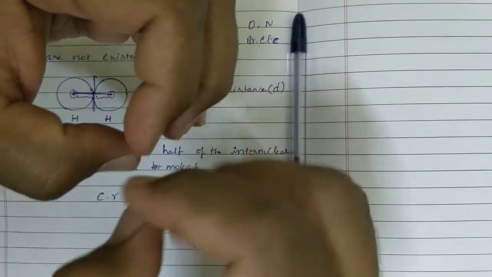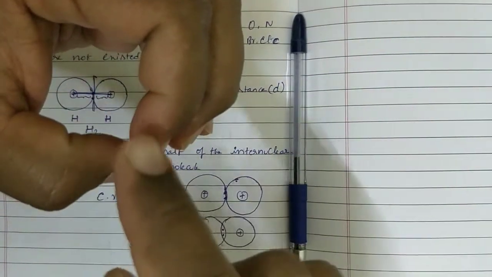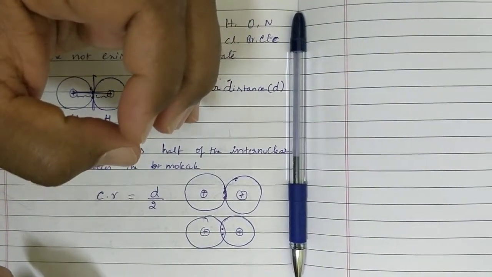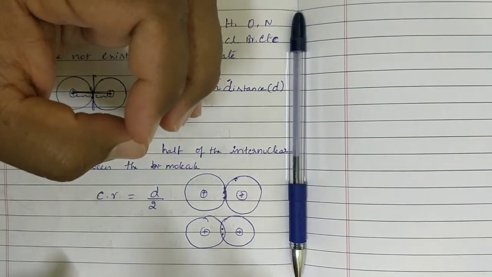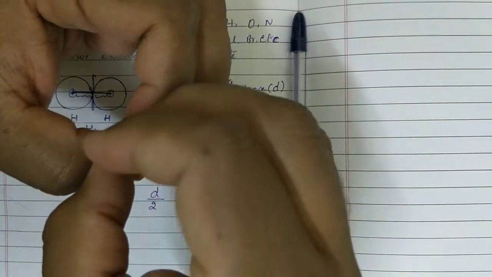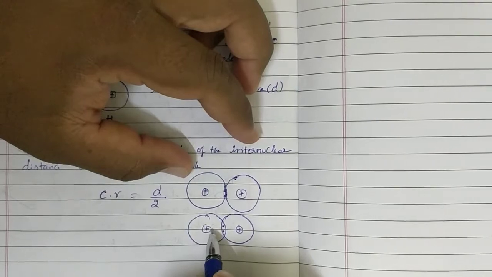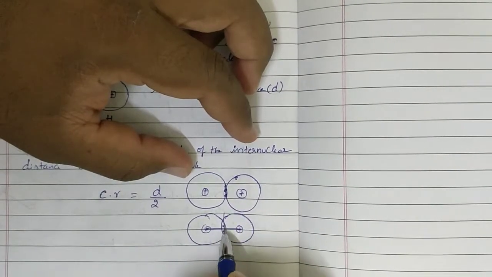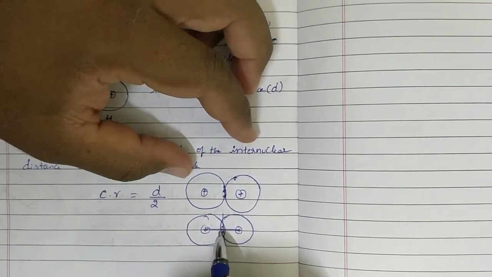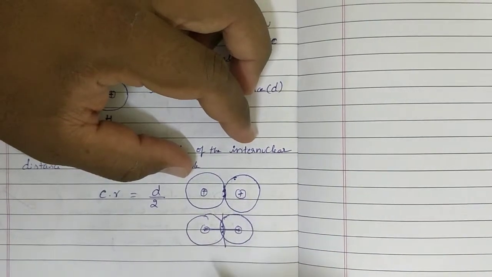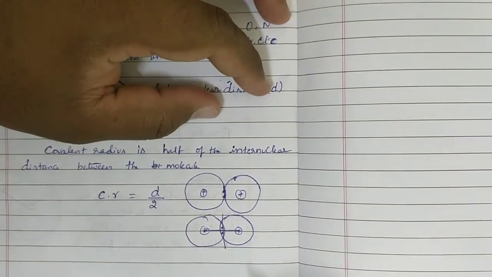If they were in contact with each other, then exactly half of that internuclear distance would be our covalent radius, and that radius would be the exact value. But they are slightly overlapping with each other, like this. So if you find the internuclear distance and make it half, we are going to get a slightly smaller value than the original value.